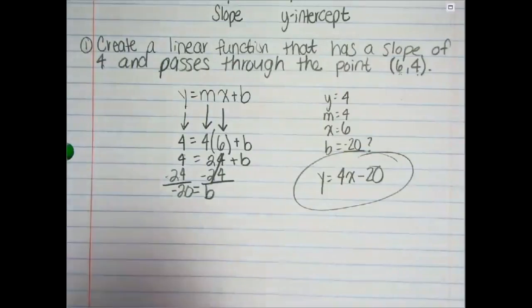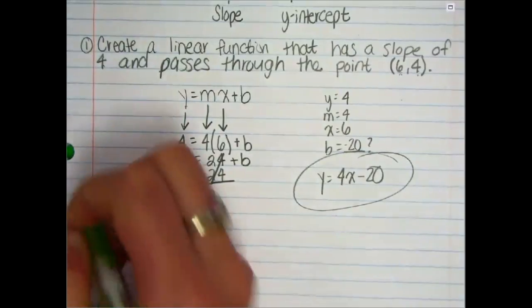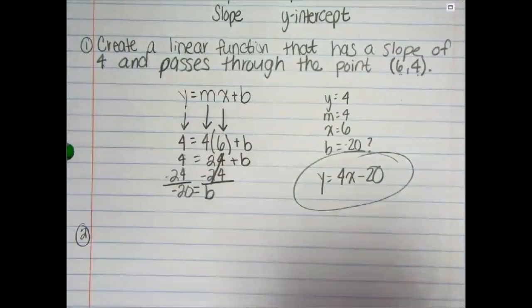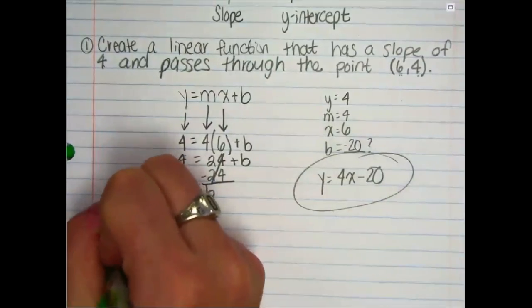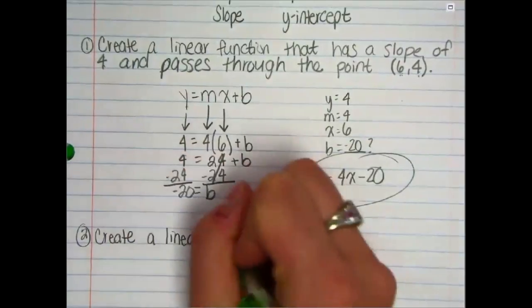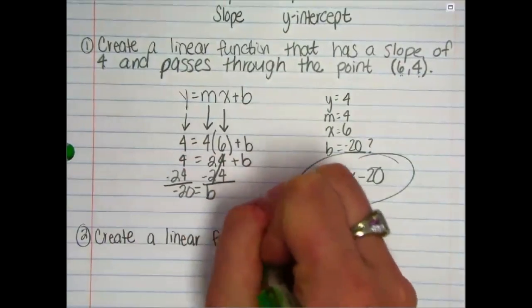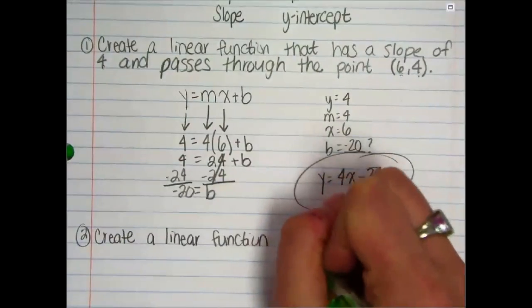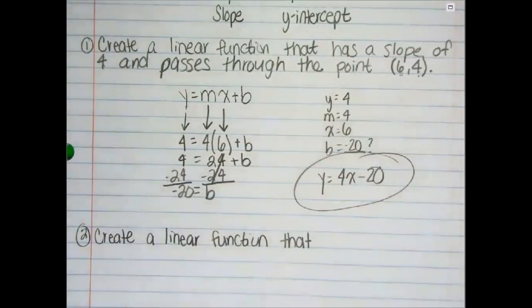So let me give you another one now that I've given you some insight. If you prefer to do it on a graph, and you would like to go get one of the whiteboards, on the back of each whiteboard there's a graph, a coordinate plane.